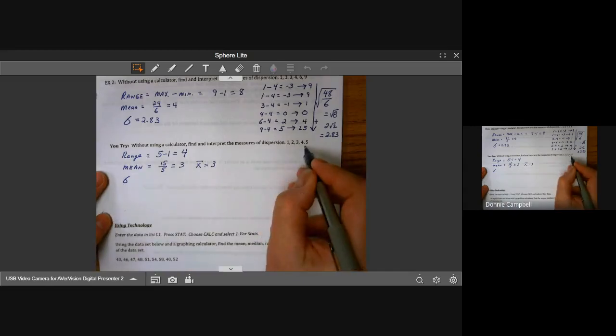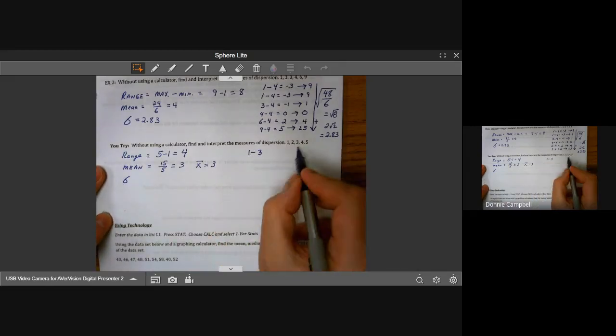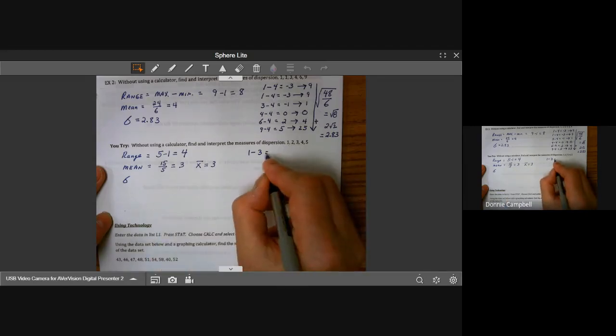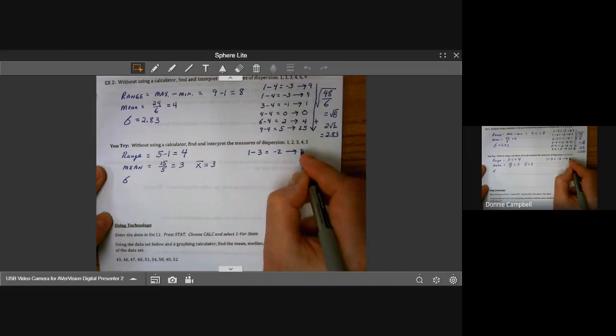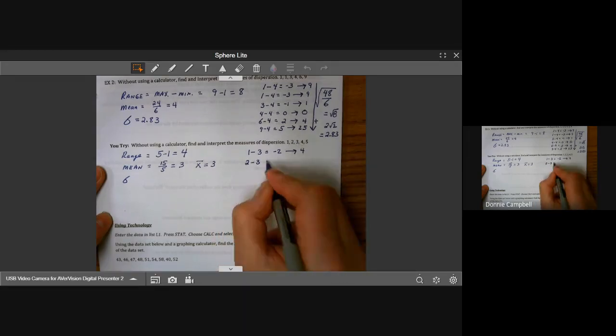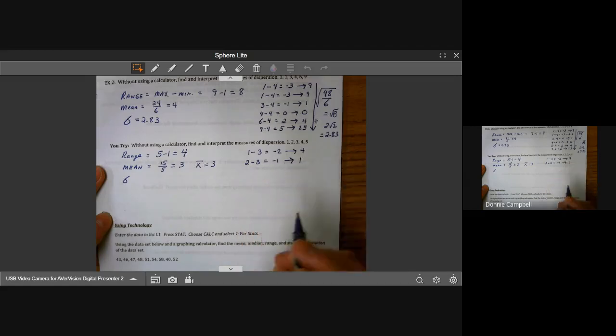So I'm going to take each one of those numbers, okay? 1 minus 3, 1 minus my mean, correct? And I get -2. Then I'm going to square it, which gives me 4. Then I'm going to take 2 minus my mean, which gives me -1, square it, and I get, of course, +1.